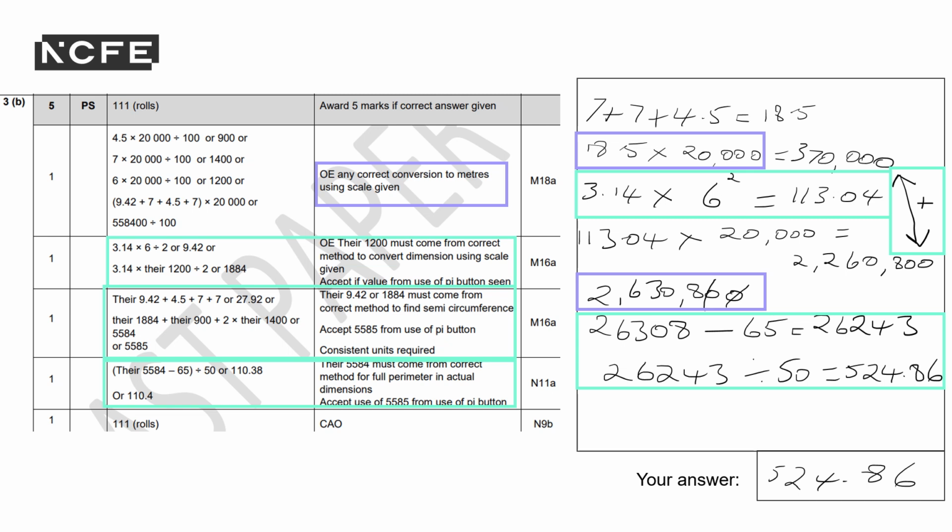So unfortunately, this mark can't be awarded. And then the final answer says correct answer only, 111 rolls. They didn't get 111 rolls, so we can't award that mark.